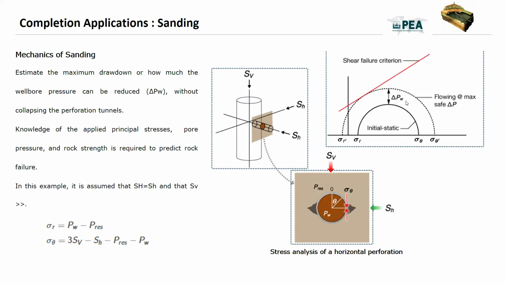because a wrong estimation of the delta drawdown can cause a lot of issues, and you can lose your whole project from only a wellbore stability analysis issue. You know that this drawdown causes a reduction of the initial stress state.